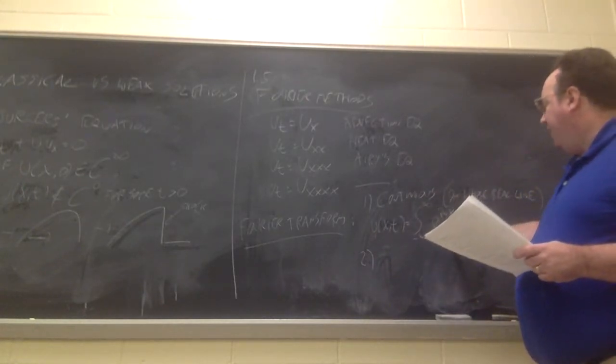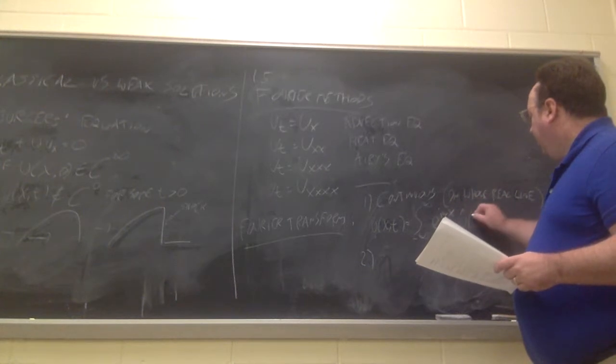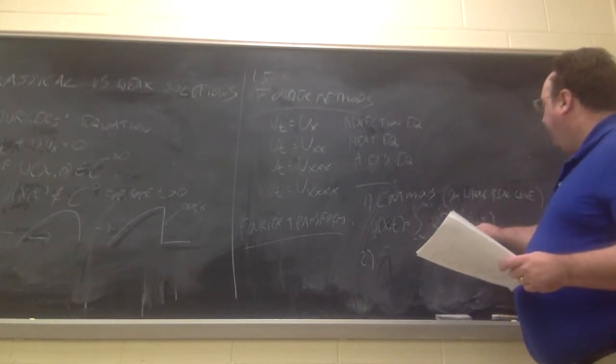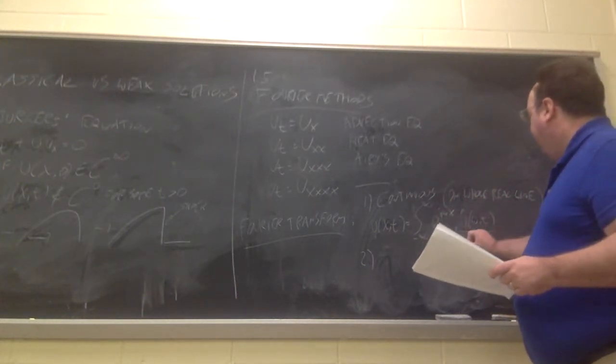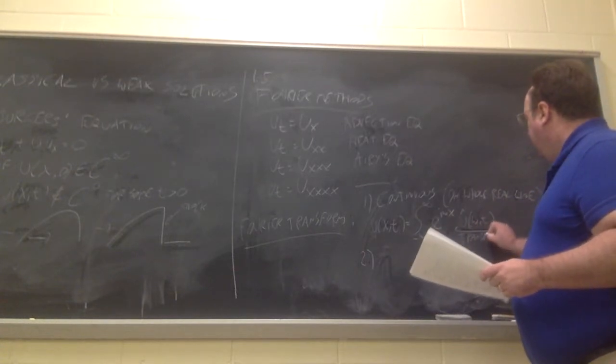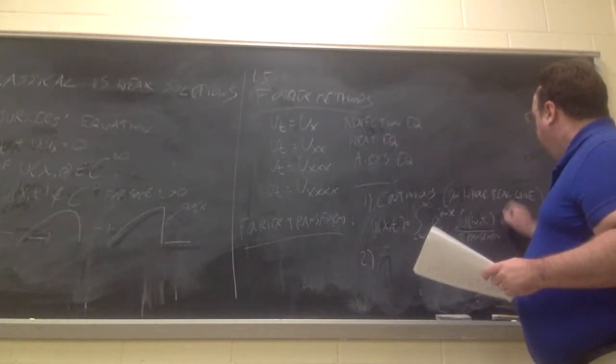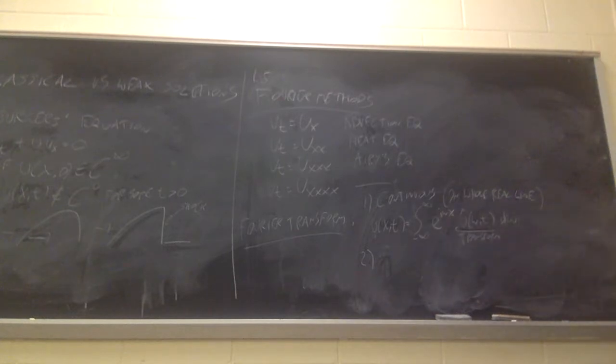That's what this e to the i omega x is, times these Fourier coefficients. So this is the actual transform right here. You think of u as a collection of waves superimposed on each other, so you're adding these waves together to get your solution.